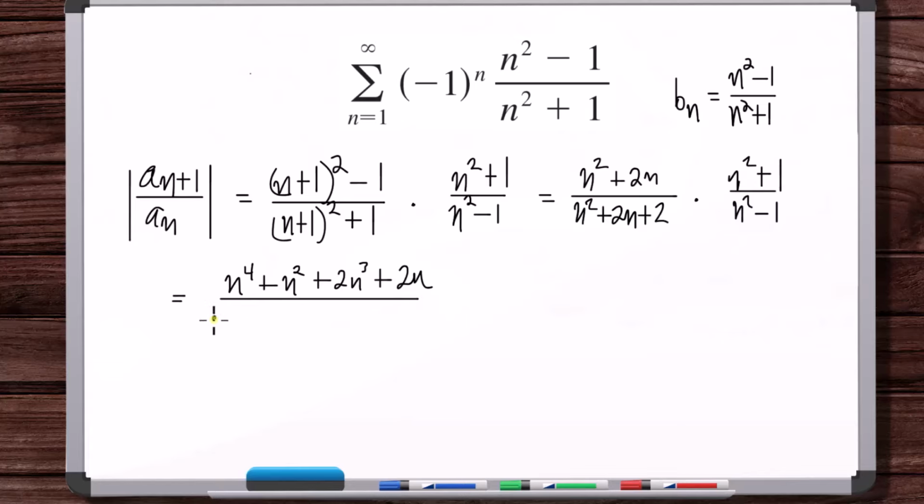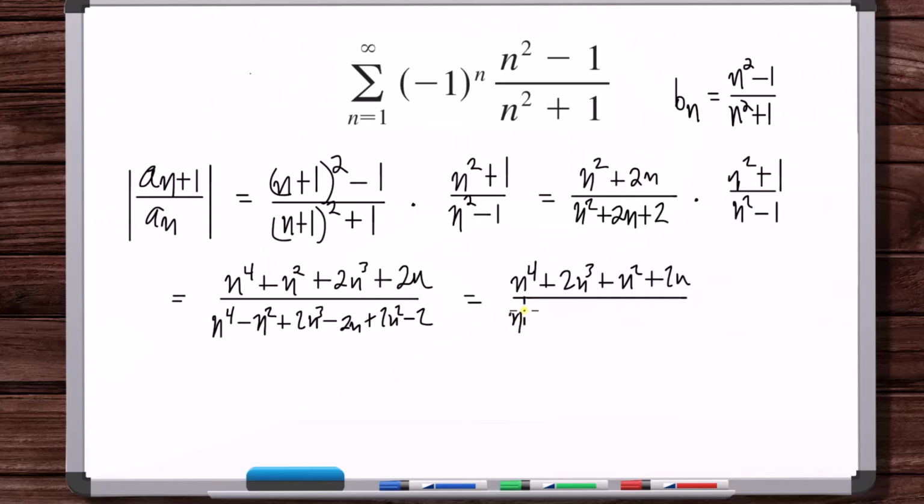Then we've got n to the 4th minus n squared plus 2n cubed minus 2n plus 2n cubed minus 2n plus 2n squared minus 2. So we've got n to the 4th plus 2n cubed plus n squared plus 2n.